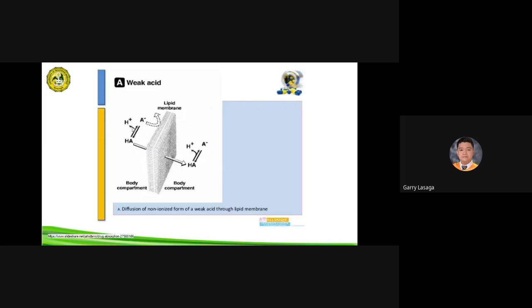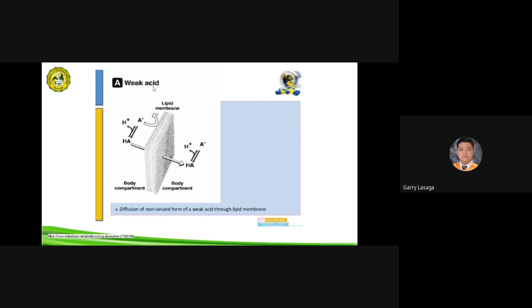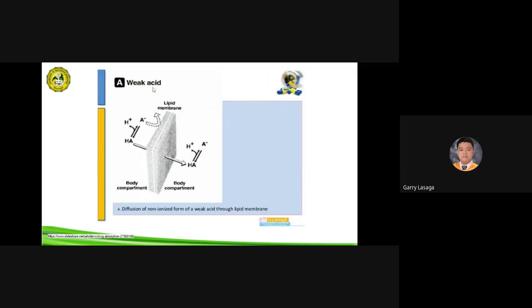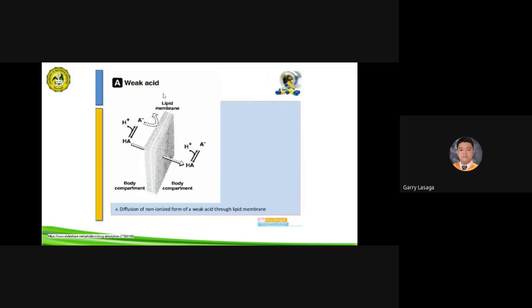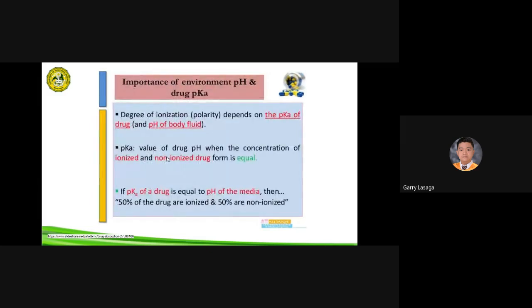The protonated form will not be able to pass through. So this is also true with weak base, pareho lang yan. Weak base, so pag protonated, it will also not be able to pass through. Pag unprotonated, it will be able to pass through the cell membrane.